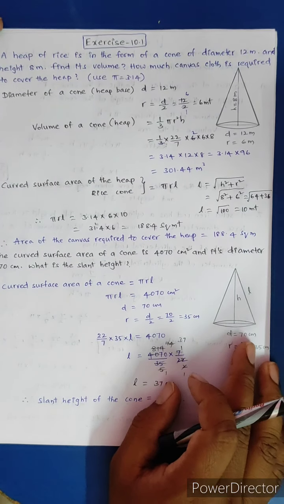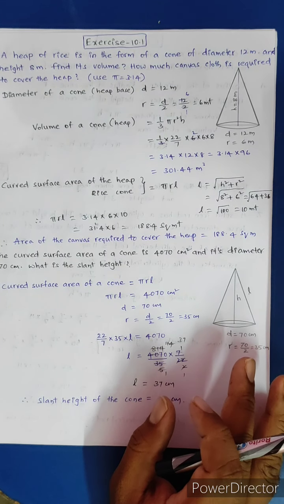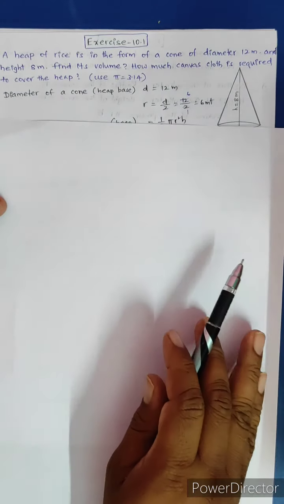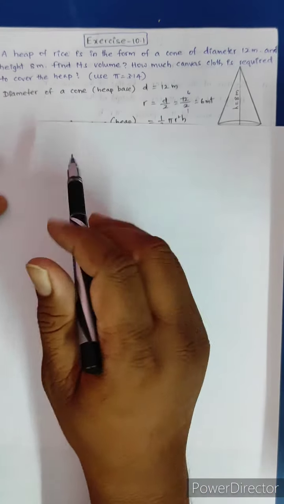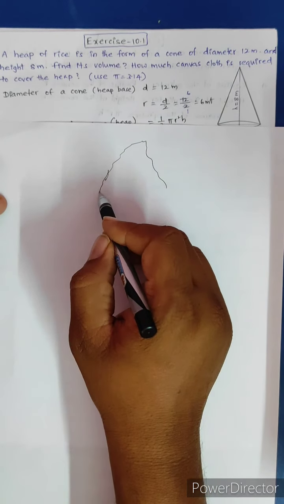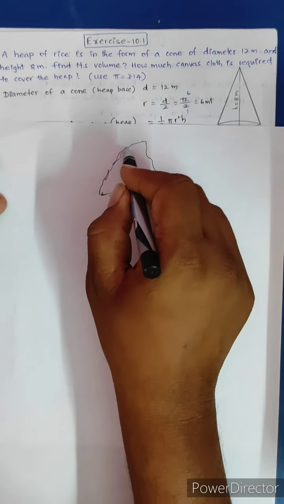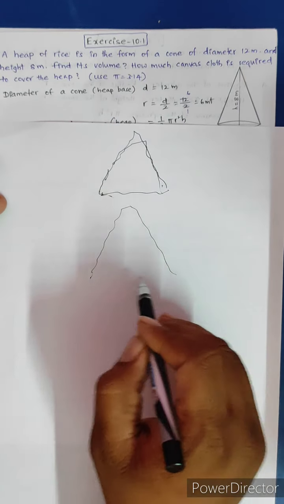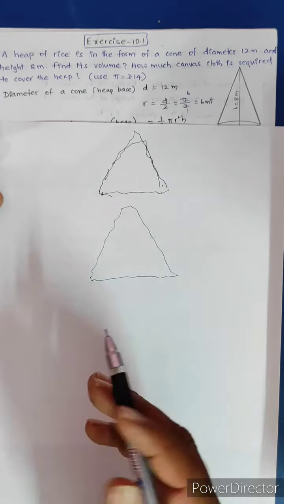A heap of rice. When you unload rice using a tractor on the floor, the rice stays on the ground like this. This is called a heap of rice or sand.